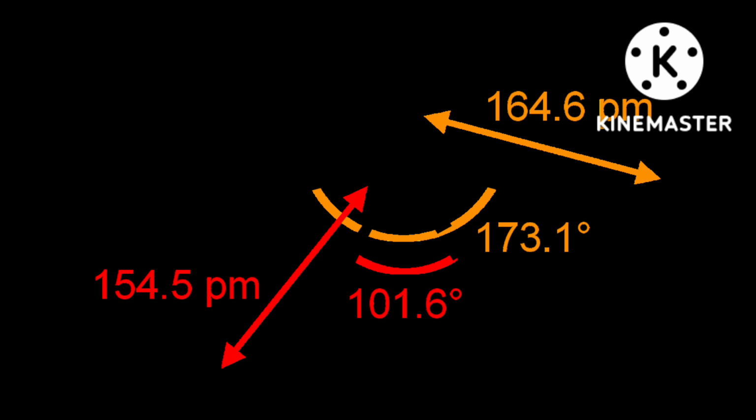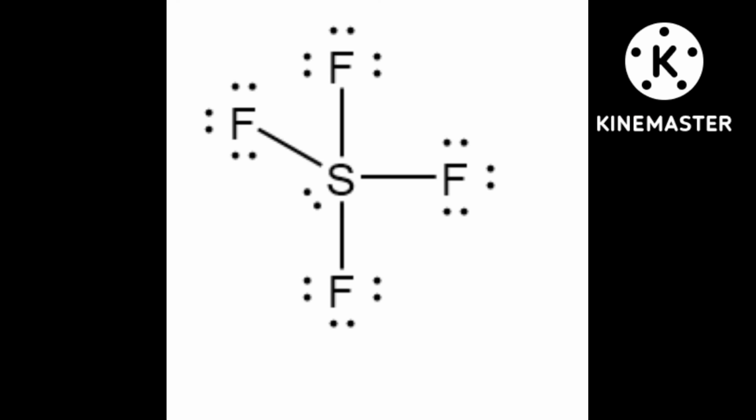Here the number of bonding pairs is 3 and the number of lone pairs is 2. The chlorine atom is in the middle and 3 bonds are there. Here 3 structures are possible.